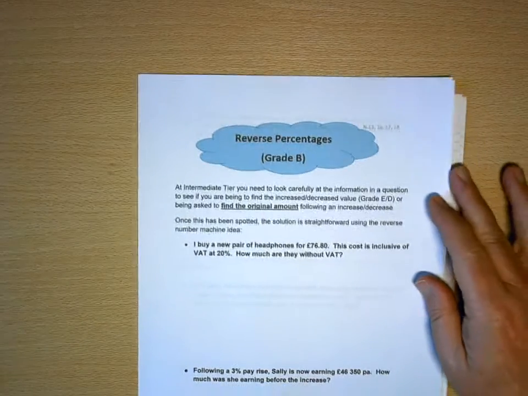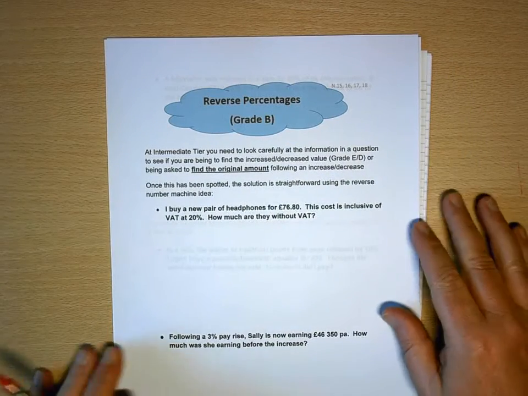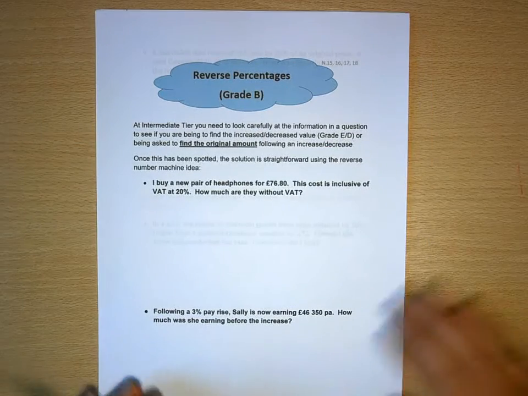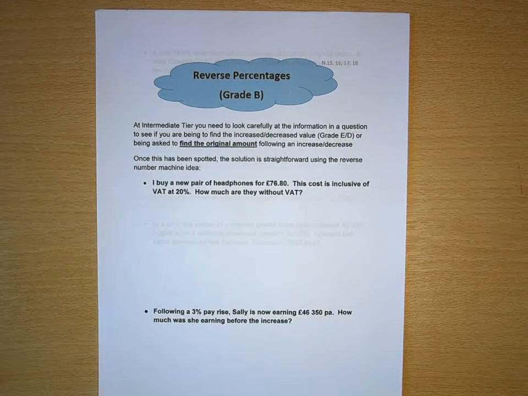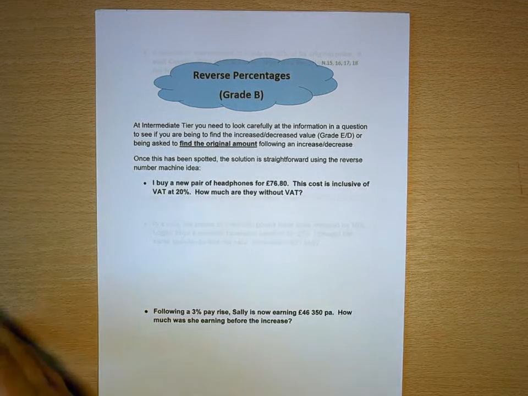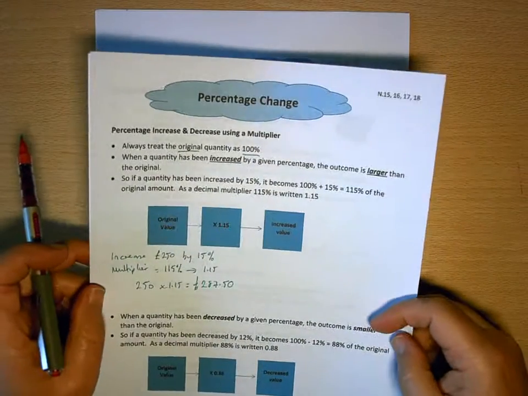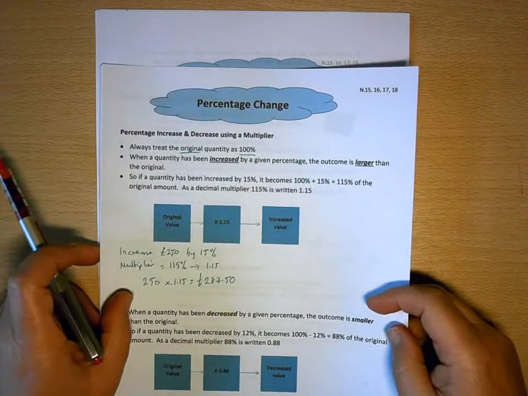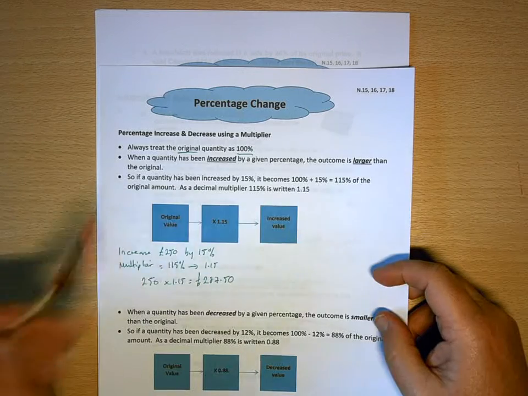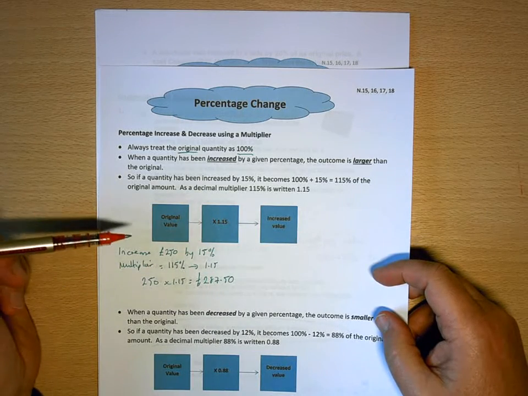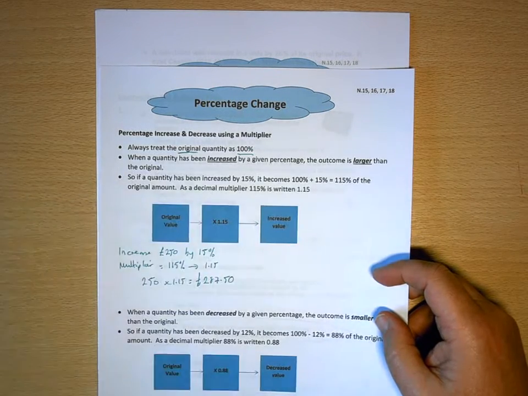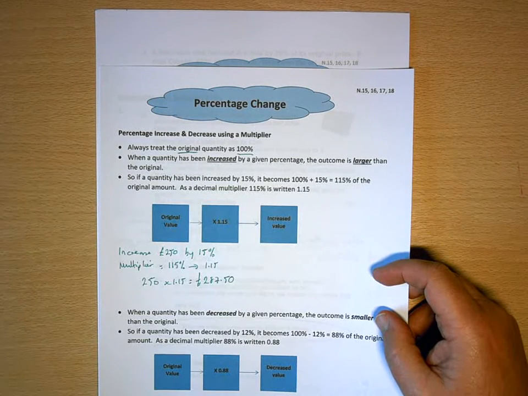And where we're coming today is a rock solid grade B piece of percentage work. And that's really important that you realise this is grade B. So on an intermediate tier paper, if you get a question that's on percentage change and it's in the second half of the paper, it's question number 17 or 16, it's quite far down the paper, it's extremely unlikely to be this straightforward method we were looking at last week.